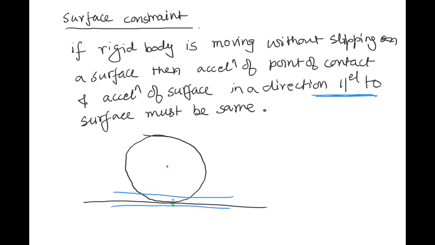And it makes real sense, because if they don't have the same velocity or acceleration in this horizontal direction, the rigid body above will rub on this surface. It will slip. That is the definition of slipping.